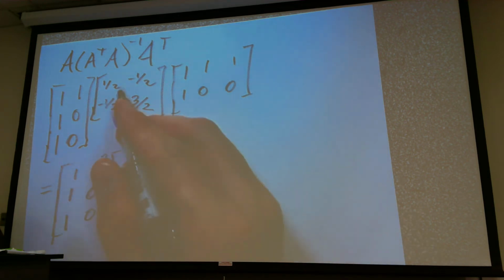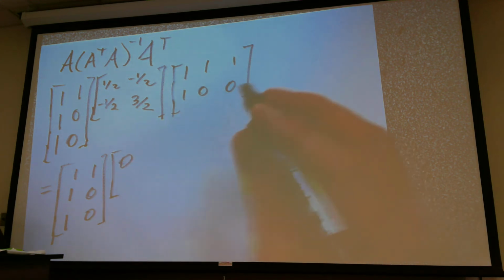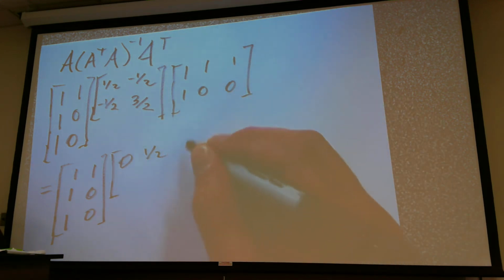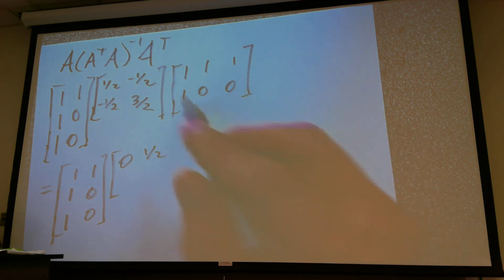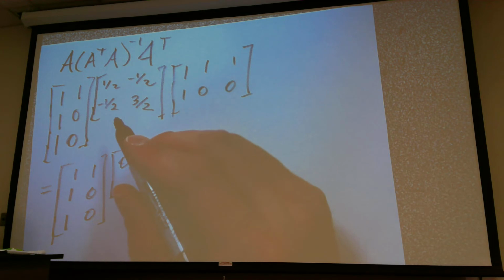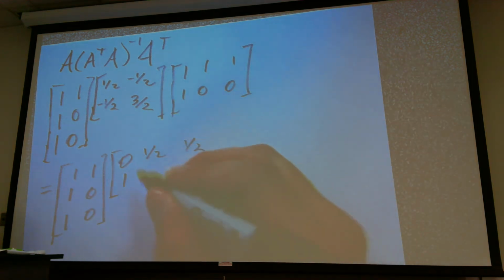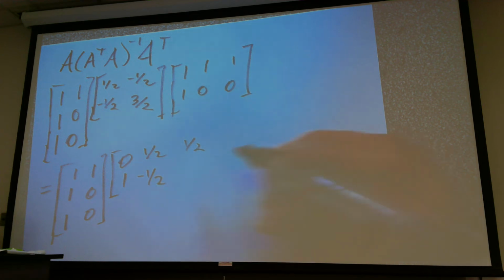All right, now 1 half, negative 1 half, that's a 0. 1 half, 1 half. Negative 1 half and 3 halves acting upon this one, what's that going to produce? That's going to produce 1. And then that's going to be negative 1 half, negative 1 half.